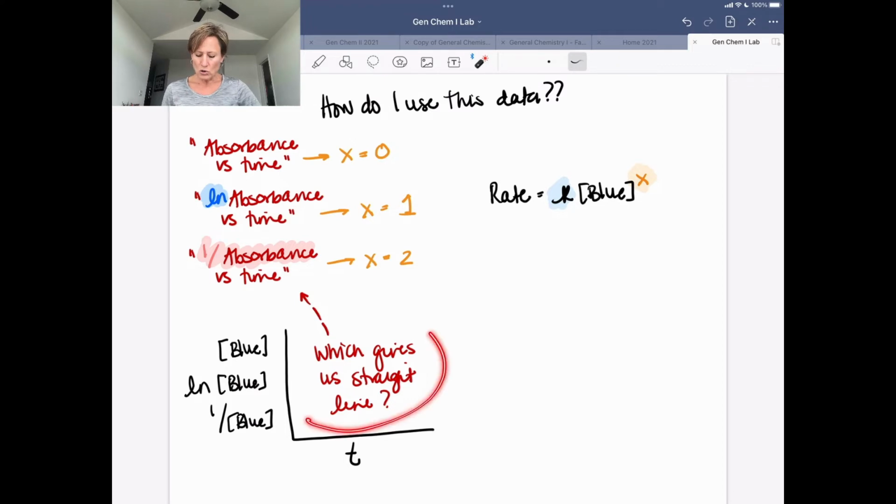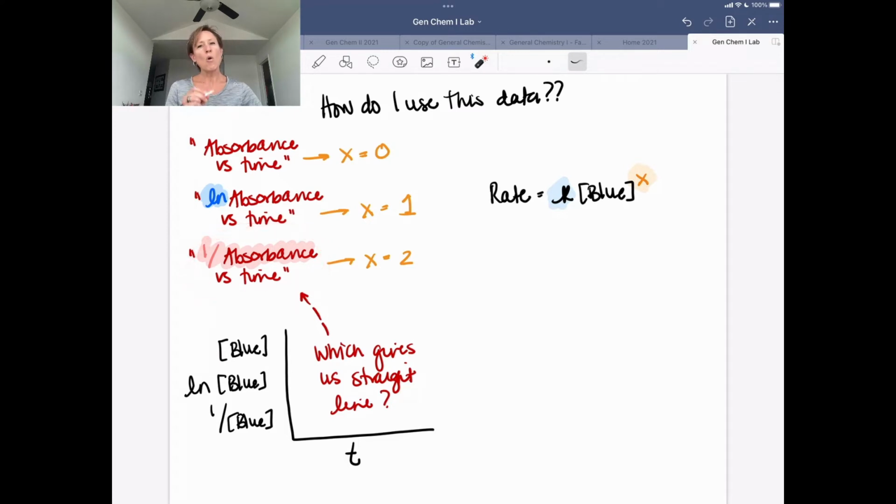You're going to look at which one of those 3 plots, just the blue dye, the natural log of the blue dye, or 1 over the blue dye, is the best linear fit. If it's absorbance versus time, that means it's 0 order, and x is equal to 0. If it's the natural log of the absorbance versus time, then that's first order, and x is equal to 1.